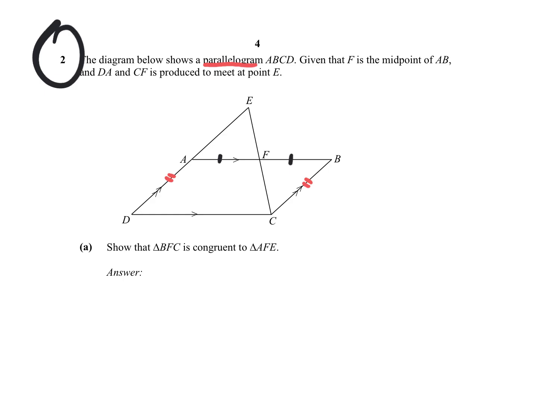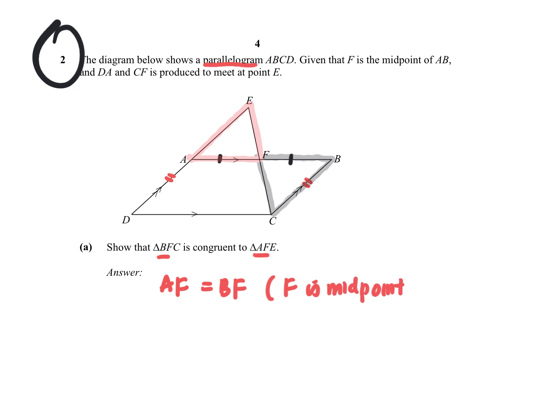So they say, can you prove that BFC, this one, is congruent to AFE? So one thing we know for sure is that AF is equal to BF. Okay, why? Because F is the midpoint of AB. It cuts it into half, so they are equal.